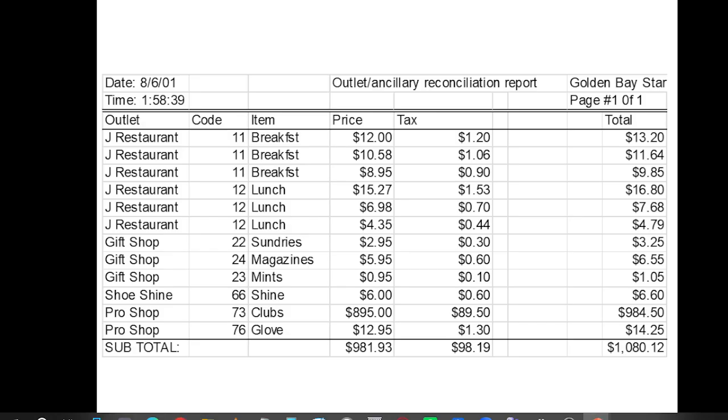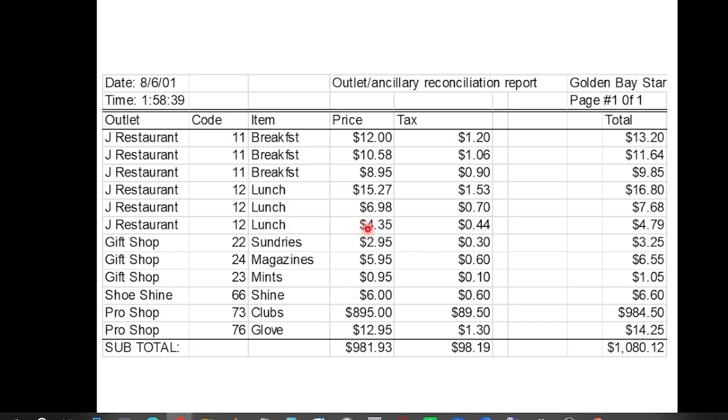My pointer is not working. Basically this is 15.27, 6.98, and 4.35. I believe this is $29.90 or 97.